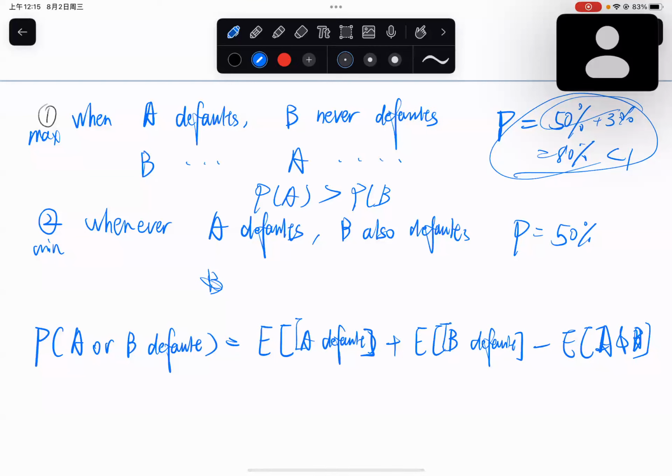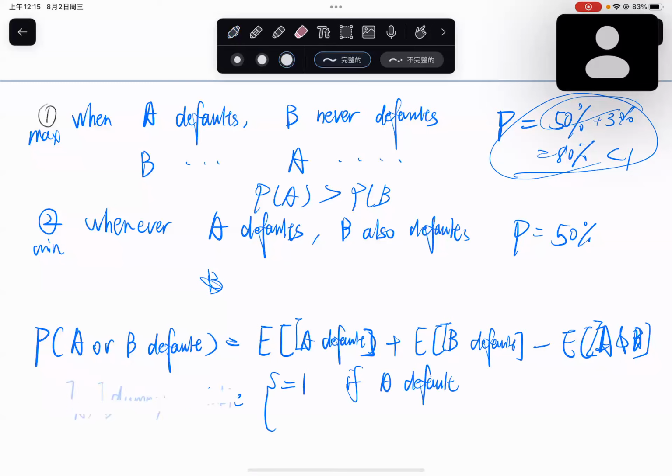So what is this I here? Let's denote I here. It's a random variable. This I is the dummy variable. Again, a dummy variable. I_A and I_B are dummy variables. I_A equals 1 if A defaults, and equals 0 if A does not.